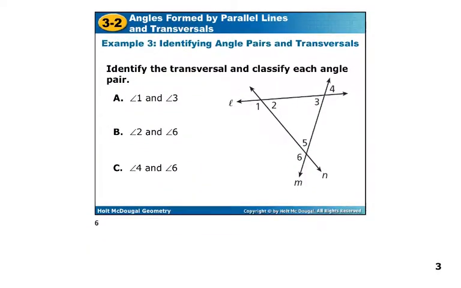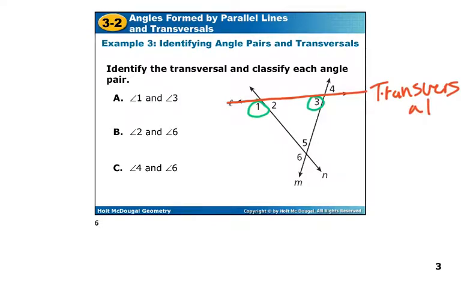So taking a look at what we have here. Again, this picture doesn't exactly look like what we had, so we're just going to go ahead and make it look like that. So if we're looking at angle 1 and angle 3, let's see, angle 1 is here and angle 3 is here. They both touch this line here, and so that is going to be my transversal. Okay, the angle that they both touch is the transversal.